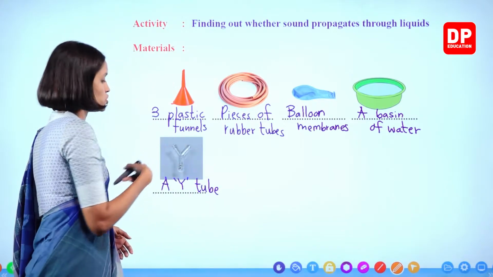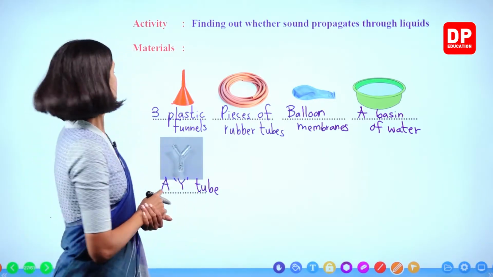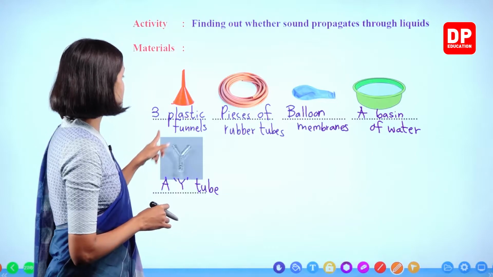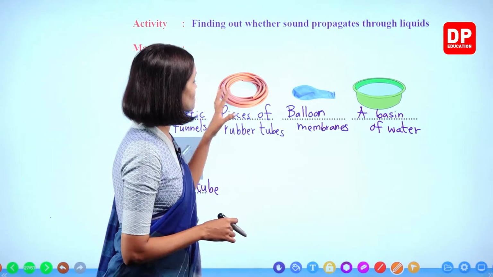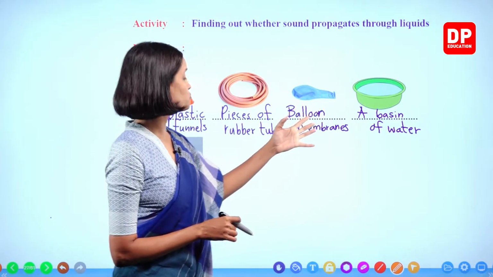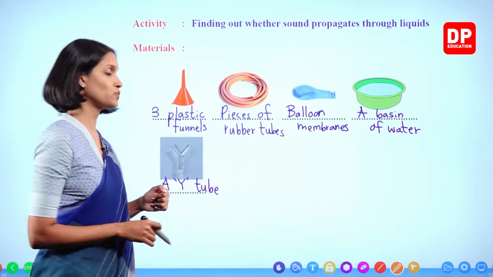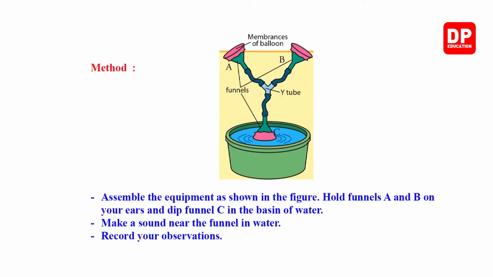A Y-shaped tube, right? Three plastic funnels, pieces of rubber tubes, balloon membranes, a basin of water, and a Y tube, right? What is the method?